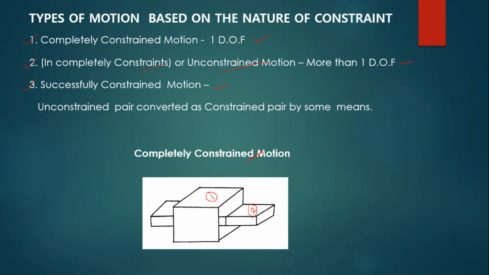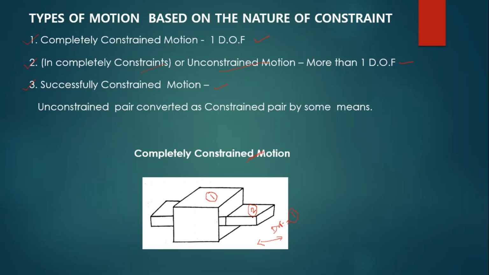Link 1 is a fixed block having a rectangular hole, and link 2 is a sliding rectangular bar. Here only one option is there. We can slide link 2 in the horizontal direction. So the degree of freedom for this is equal to 1. We can move link 2 in only one direction.